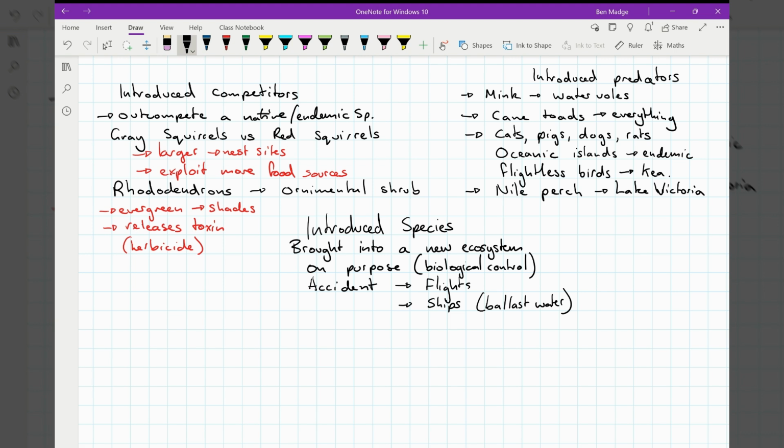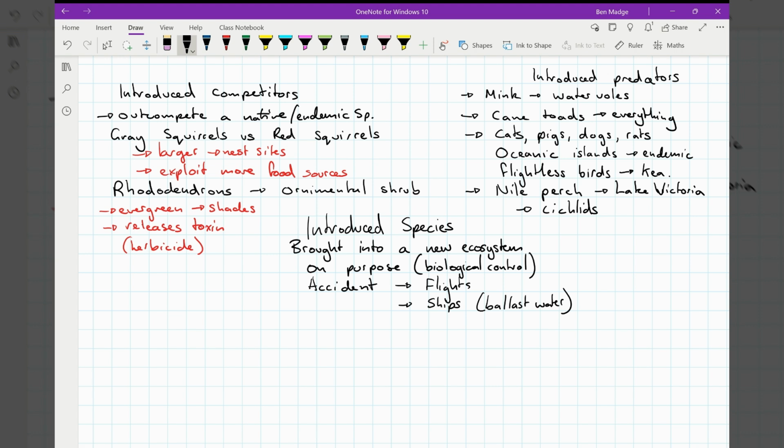And the problem is it ate a lot of indigenous fish, especially species of the cichlid, resulting in extinctions of some of those species.